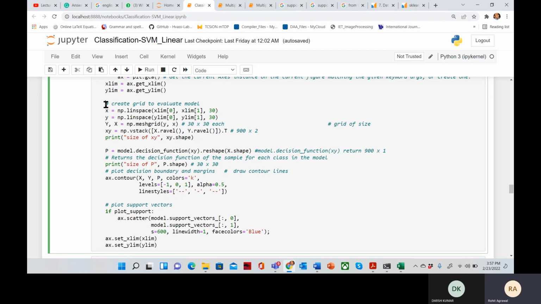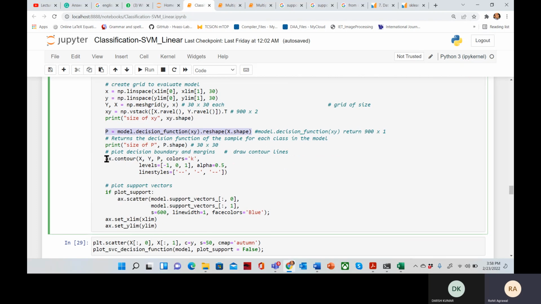After creating the grid, our goal is to find the decision function, because we have already evaluated our model. Just find the decision function for this xy and plot the contour. So contour takes x, y, p, and color, labels, line style and alpha are the optional things.